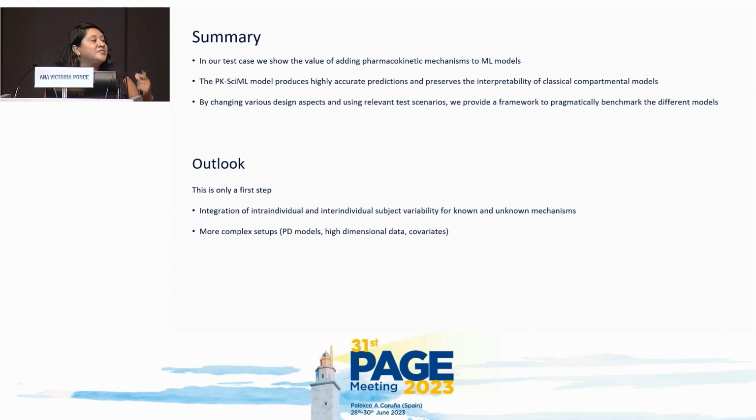Now, this is really just a first step. There are still a lot of things to do. Some of the things that we're currently looking at are the integration of intra-individual and inter-individual variability for known and unknown mechanisms, and more complex setups, so PD models, high-dimensional data, and covariates.